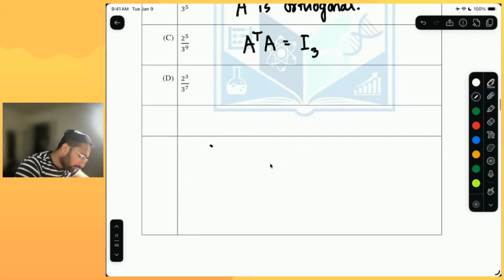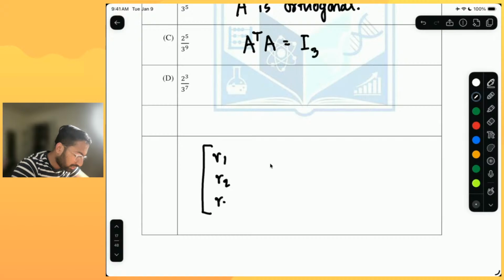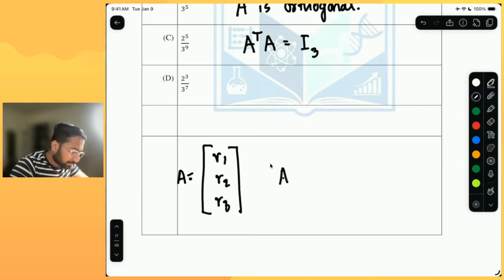See, if you take an orthogonal matrix A, you have row 1, row 2, row 3. In A transpose, each of the columns becomes the rows, right?